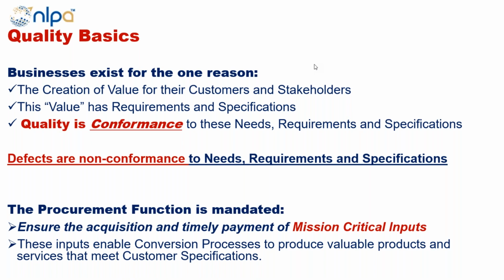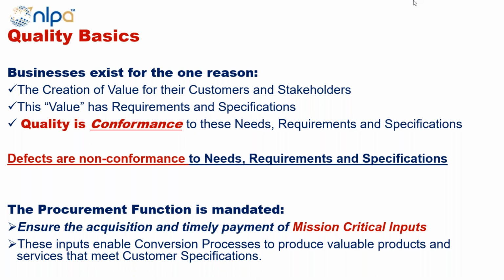It's very important that we as procurement professionals understand why our organizations exist. Ideally, our organizations exist to create value for our customers and our stakeholders. This is the core purpose of the existence of our organizations, our businesses, and of course our procurement function.